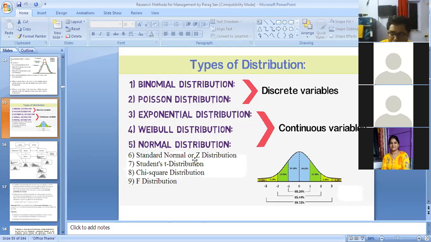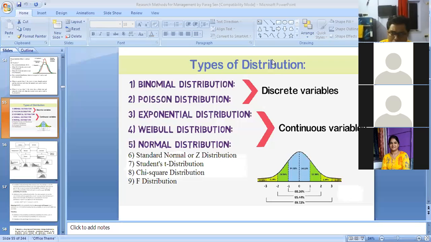Suppose you have been given a statistical data set, and along the x-axis you will represent the outcomes, and along the y-axis you will check how frequently you are getting all possible values or the intervals. That is known as your distribution. This is for the population, or for any statistical data set.